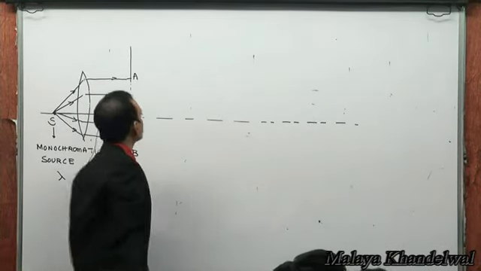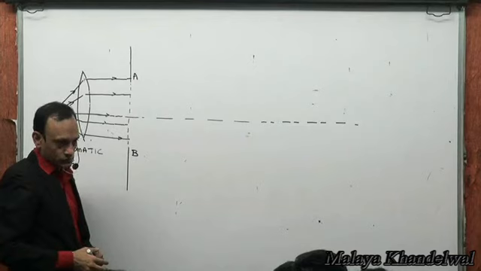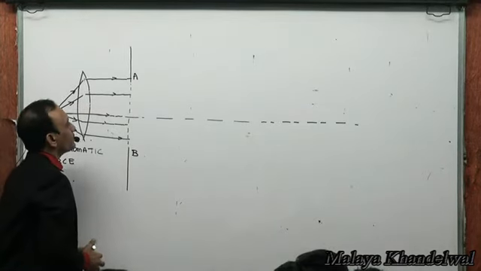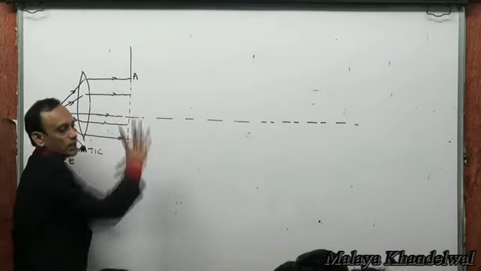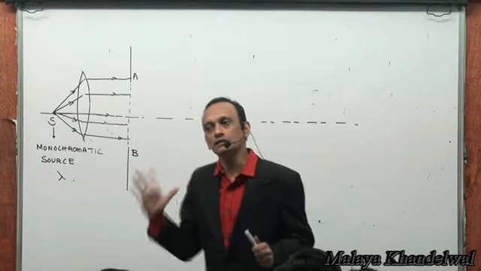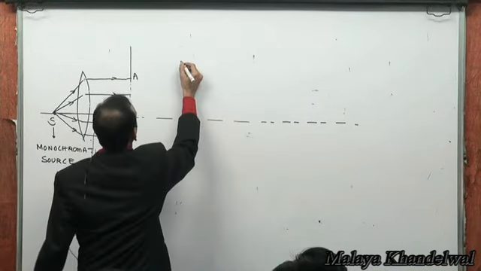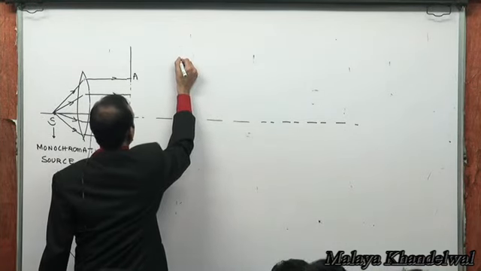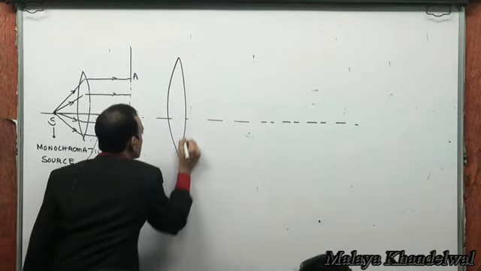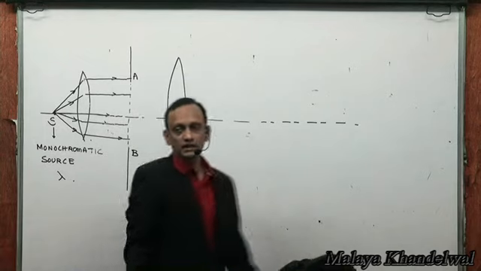Now, what I do is, very, very close to this aperture, I place a thin converging lens.